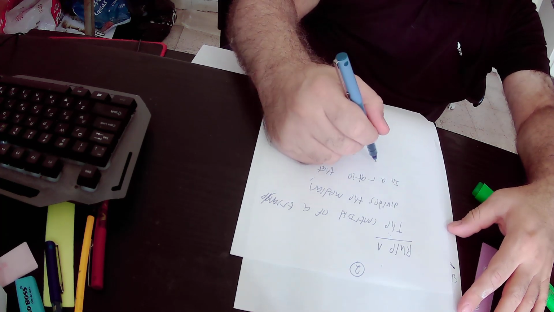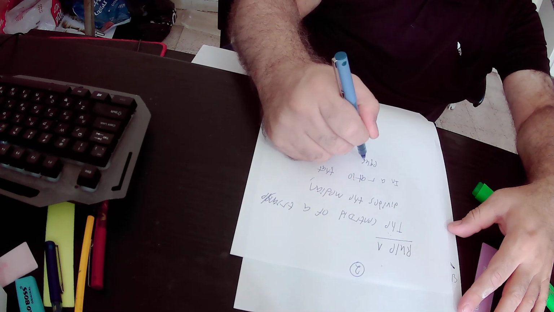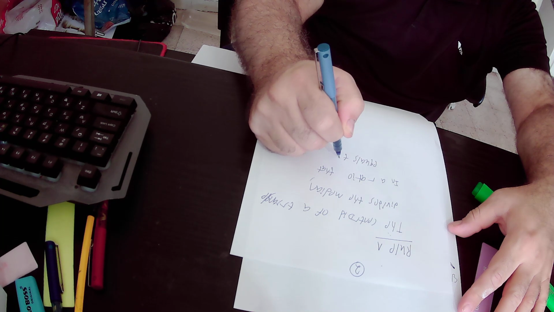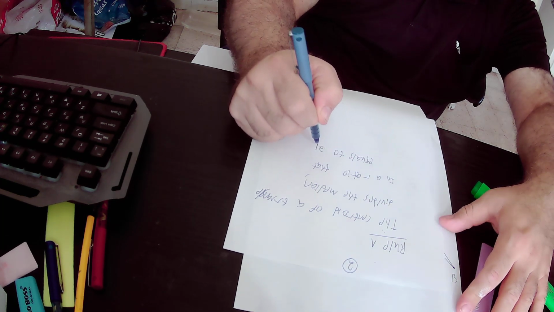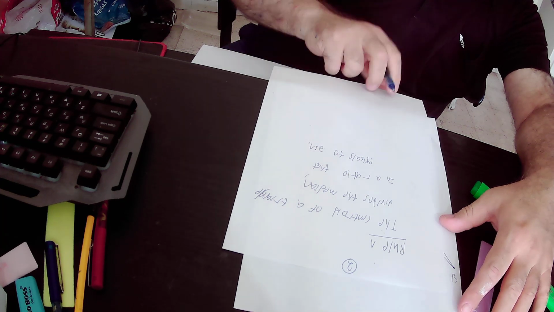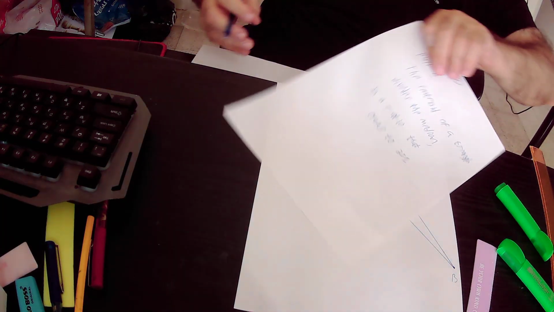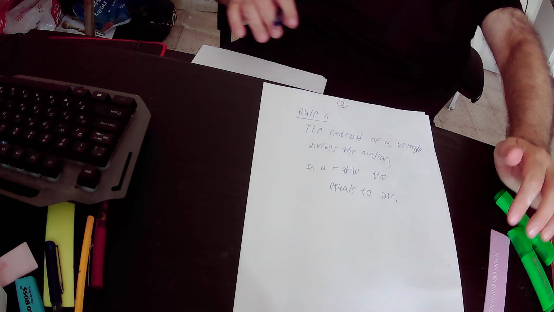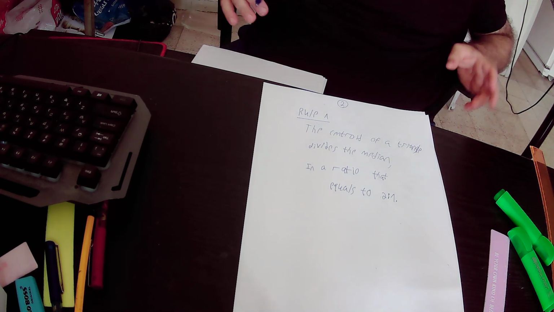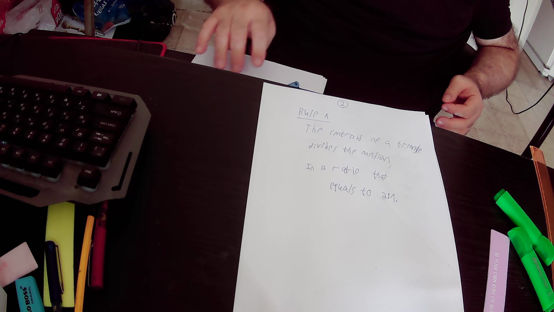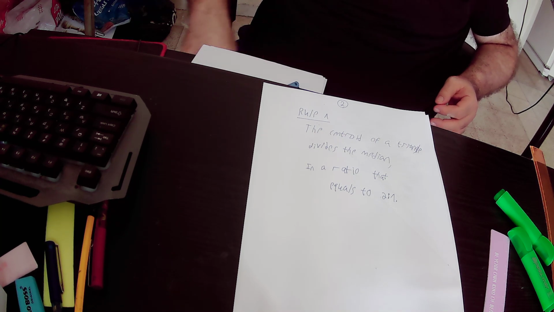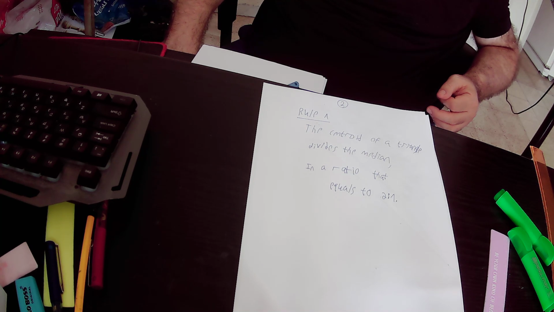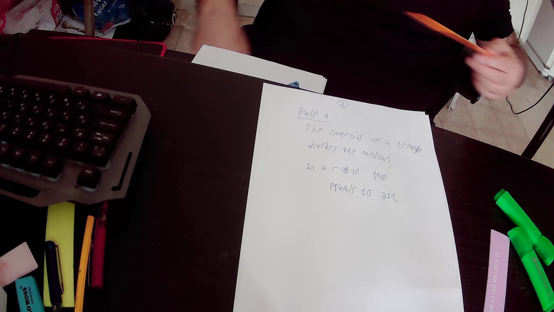I will read again the rule. The centroid of any triangle is the point where the three medians intersect. The centroid of a triangle divides the median in a ratio that equals 2-to-1.